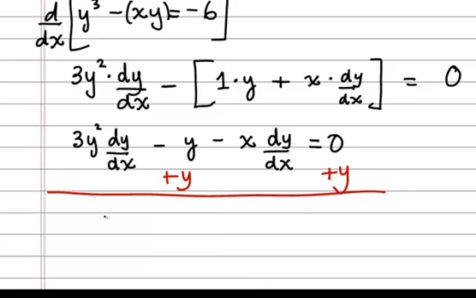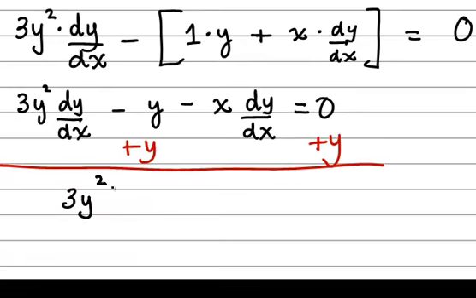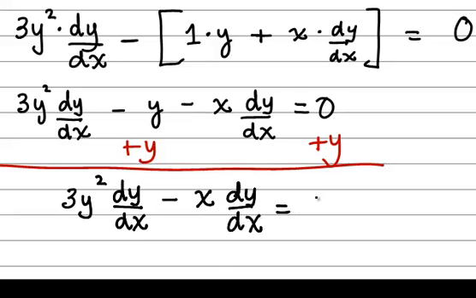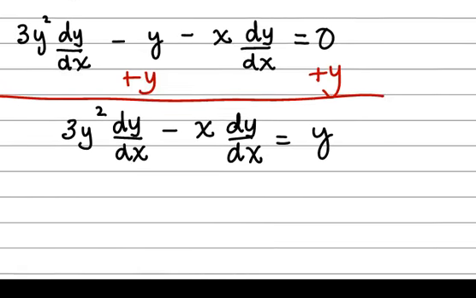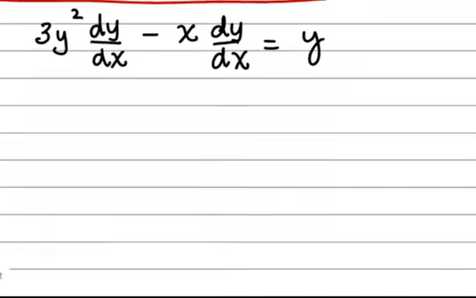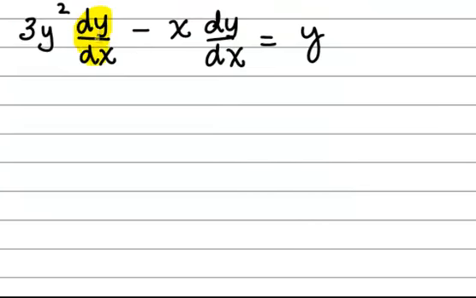So I have now 3y squared dy dx minus x dy dx is equal to y. And at this point, since I have dy dx in common between both of those terms, I'm going to factor out the dy dx.